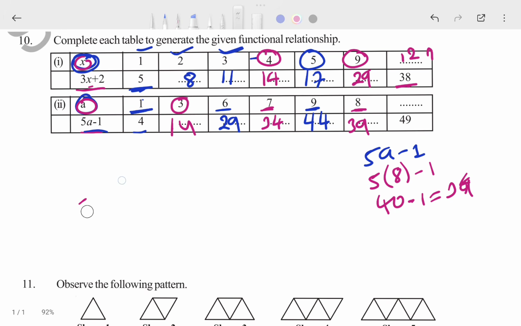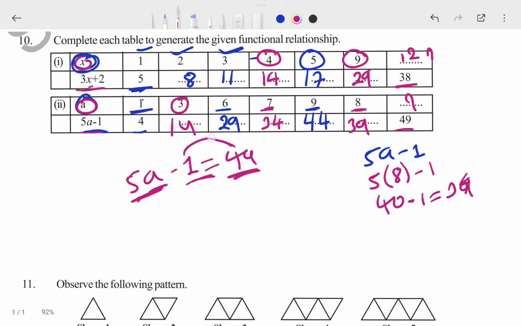So let's talk about this question. Here the question is given 5a minus 1, but the value of a is not given. So what will we take? We are going to take it equals 49, it is given. This 5a and this 49: this minus 1, if it goes to that side, becomes plus 1.